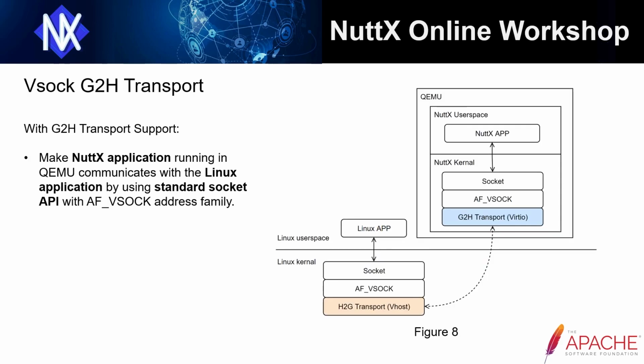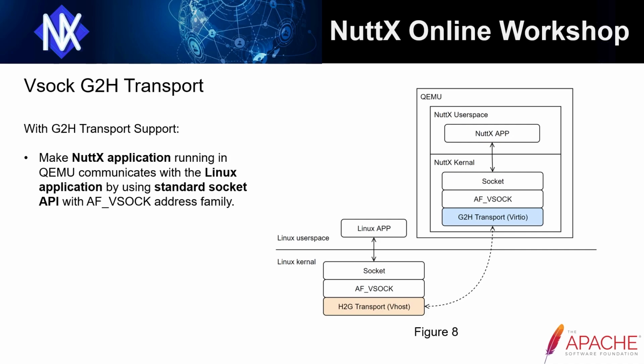So as we can see in the right figure, if we have implemented the guest-to-host transport for the VSOCK, we can make the NuttX application running in the kernel communicate with the Linux application by using the standard socket API with the VSOCK address family.